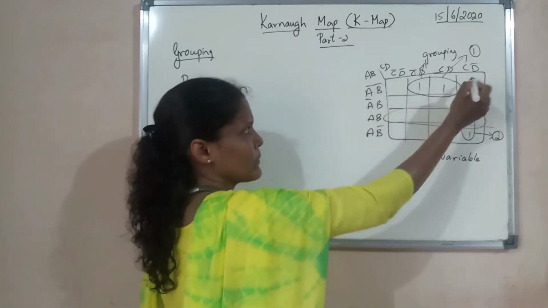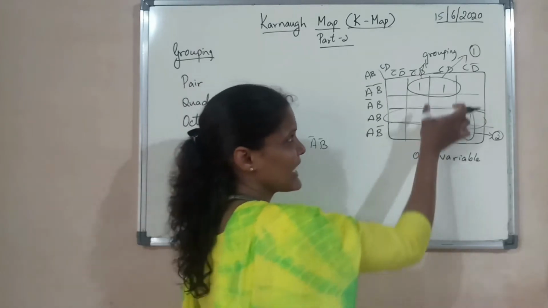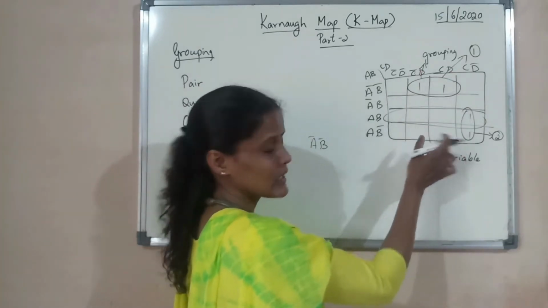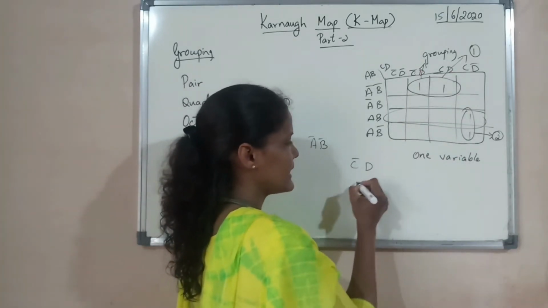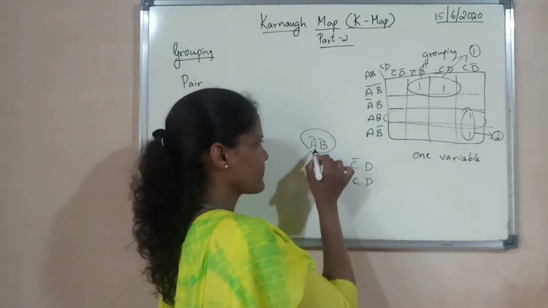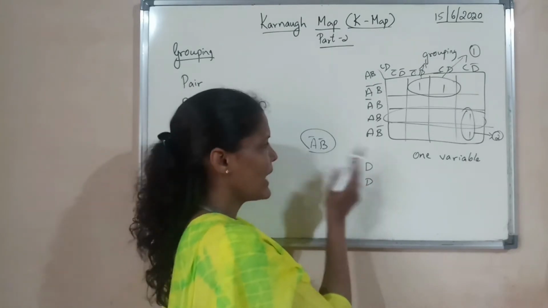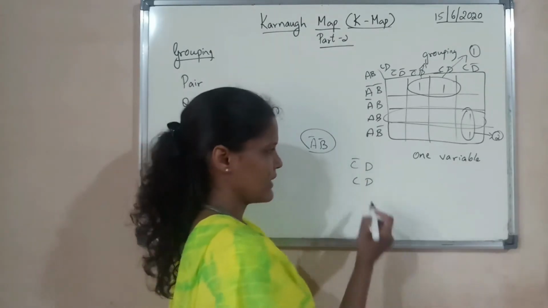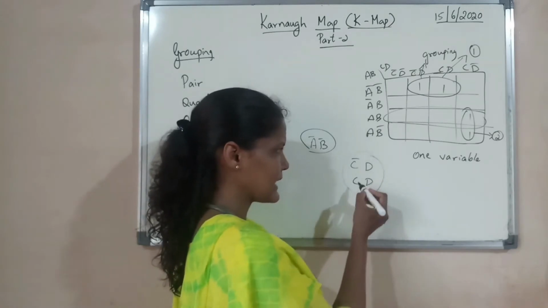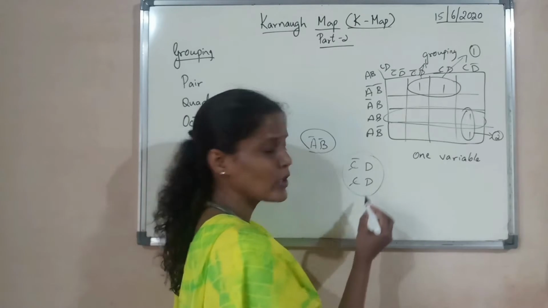Here in this particular row, I have the variables A bar, B bar. Whereas I have to consider these two columns, which contain C bar D as well as C D. Out here, A bar, B bar are both in complemented form and the uncomplemented form is not present. Whereas in this particular case, C is the variable which is present in both complemented and uncomplemented form.